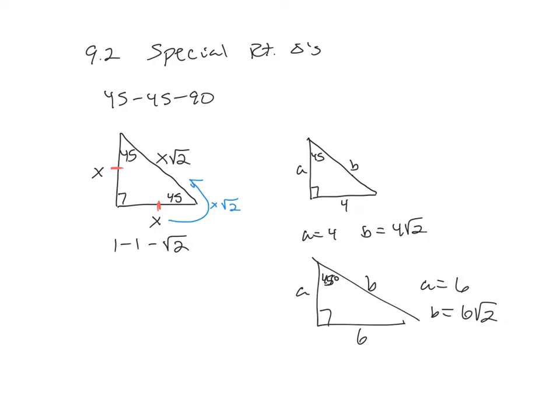All right, so it's the side times square root of 2. And we said, well, it's times the square root of 2 from the side to the hypotenuse. Is like these, where it's just 4 or 6 or whatever, and the other one is the same, and then the hypotenuse is 6 square root of 2 or 4 square root of 2, whatever it is. So that's the easy version of the problem.